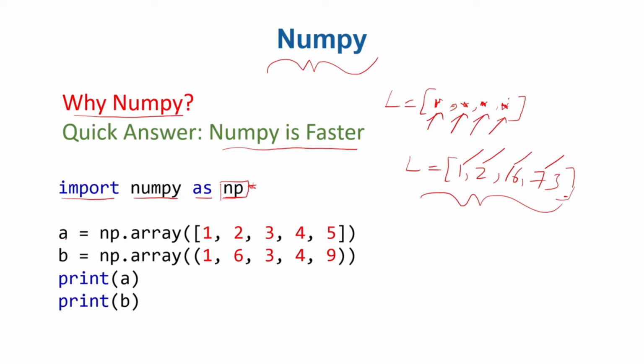Now we can define an array, for example, np.array. That's array is just a method of np, a kind of function. And we can define an array using a list, which is a list of several numbers, or we can define an array as a tuple as well. Whether we give a tuple or a list, an array is defined, and then we can see the contents of this np array.